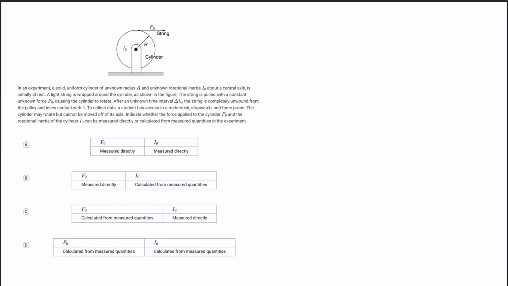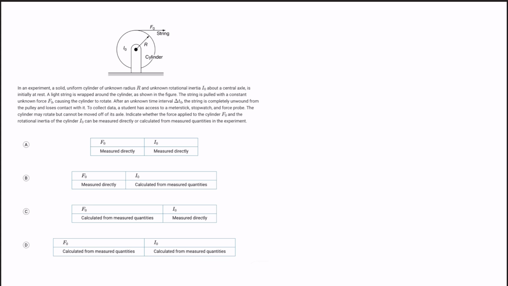All right, so in this problem, we have an experiment that a student is doing. It says, in an experiment, a solid uniform cylinder of unknown radius r and unknown rotational inertia about a central axis is initially at rest. A light string is wrapped around the cylinder, as shown in the figure. The string is pulled with a constant unknown force, F naught, causing the cylinder to rotate.